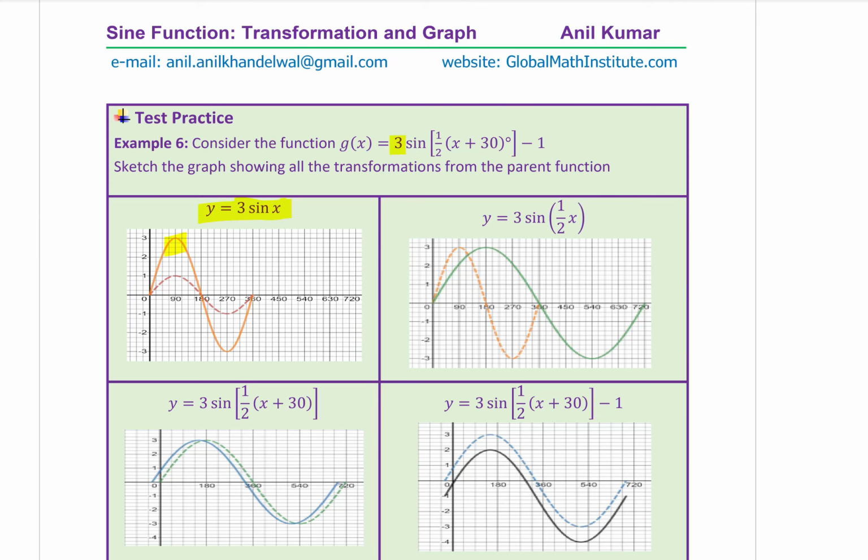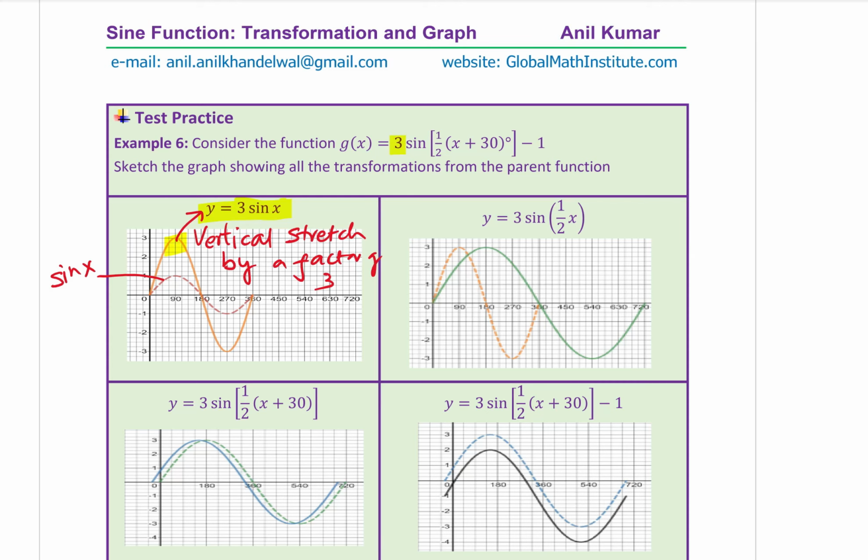So the very first one is vertical stretch by a factor of 3, which is shown here in orange. The dotted line gives you the parent function sine x, right? So this is your sine x. And this is your transform function where stretch factor is 3.